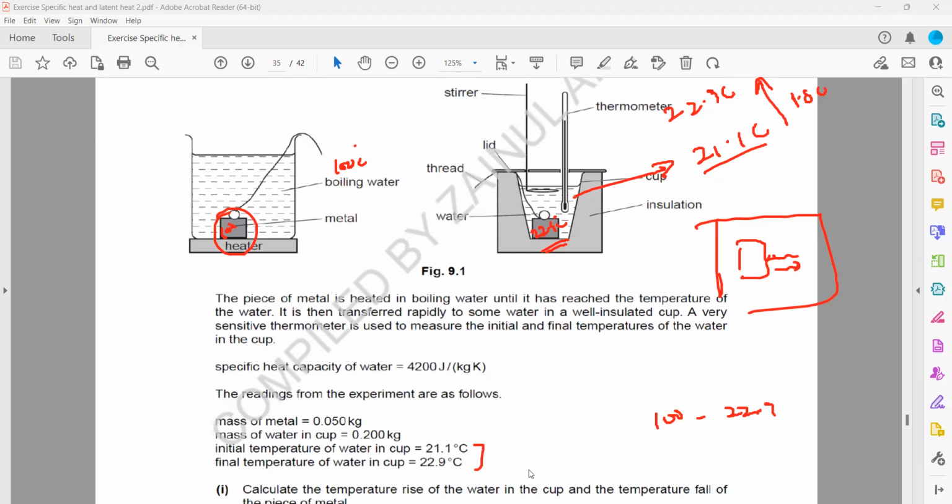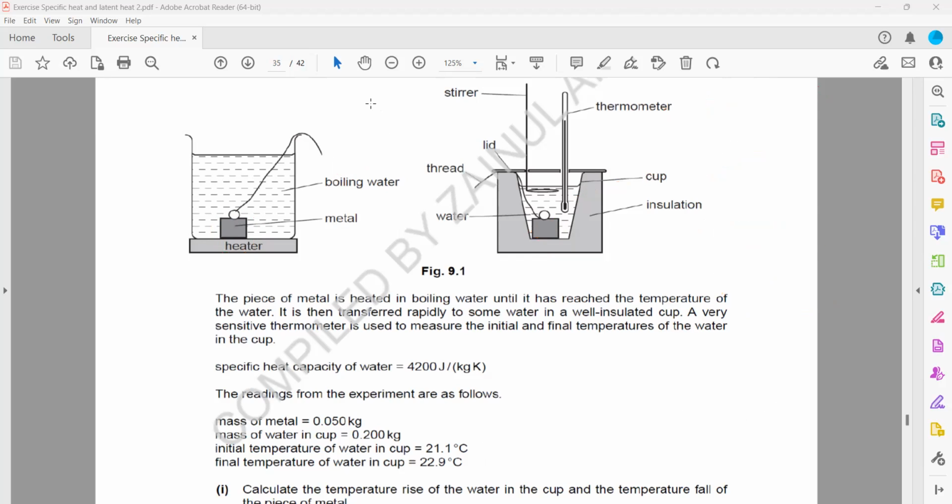Why not 100 minus 21? Because we want the final temperature change. Like, calculate the temperature rise for both of them.